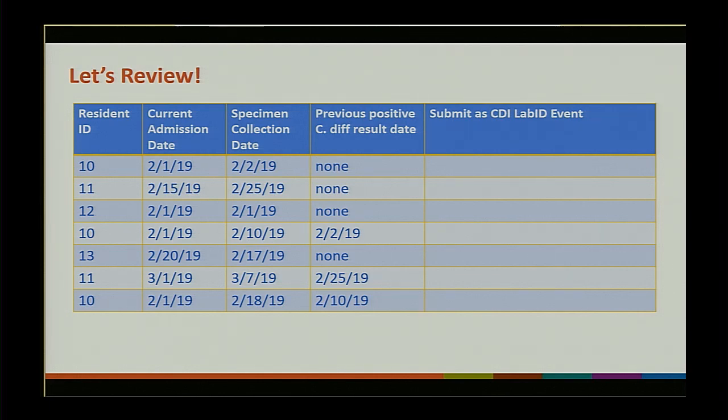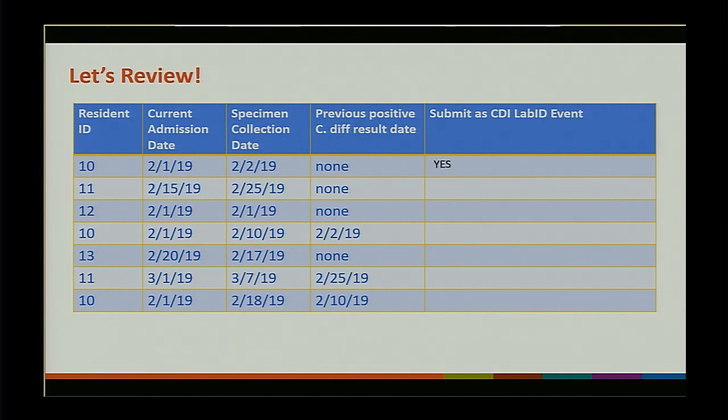So let's look at resident 10. Resident 10 has a current admission date of 2/1, specimen collection date of 2/2, and no previous positive. Do we submit this as a LabID event? Very good.